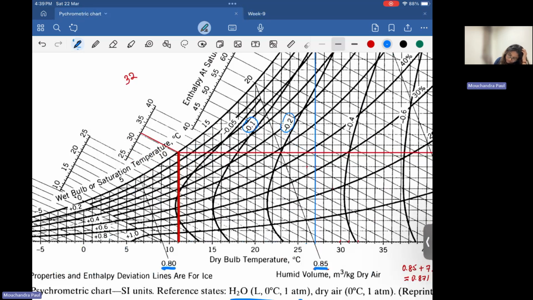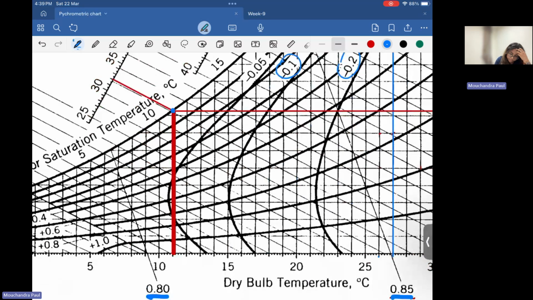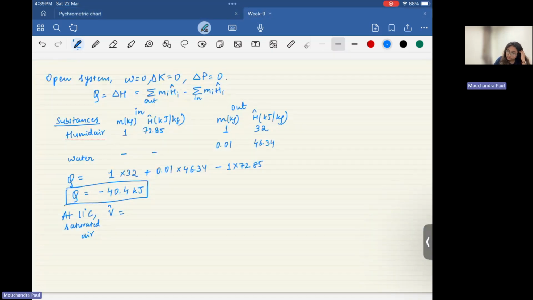I already calculated it, and the value that I got is close to 0.815.